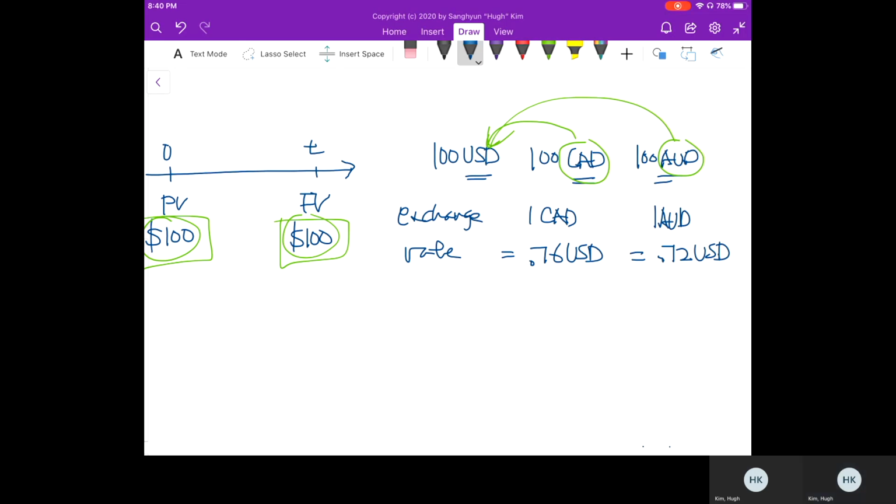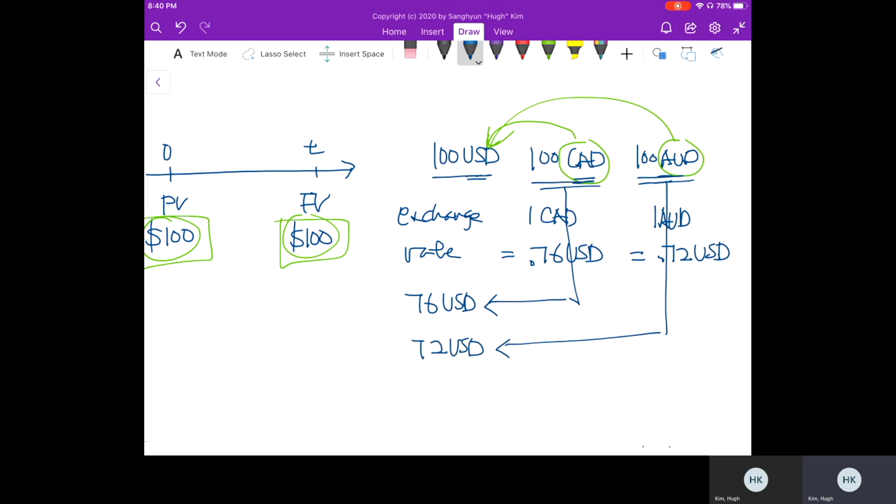So 100 Canadian dollars is equal to 76 US dollars, and 100 Australian dollars is equal to 72 US dollars. So in total, you have 248 US dollars.